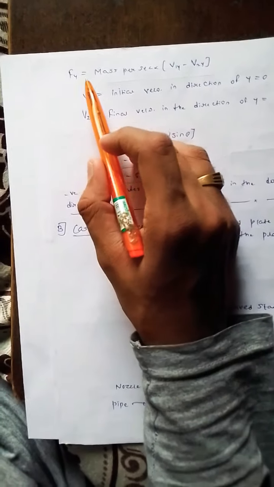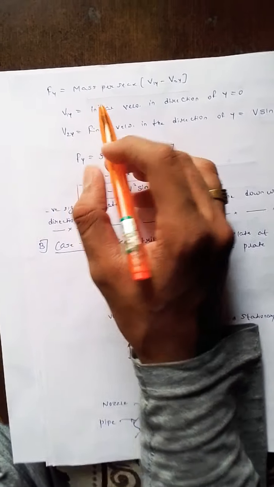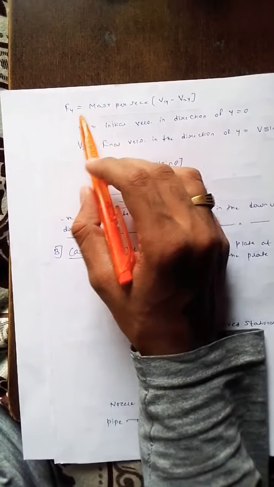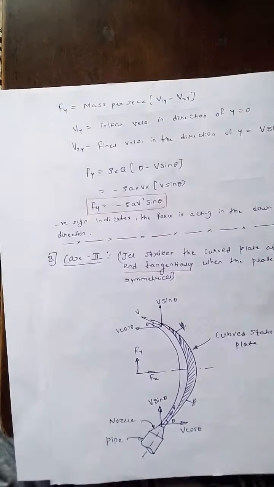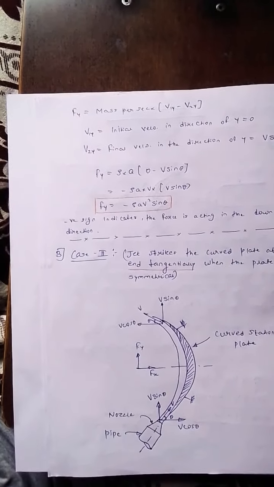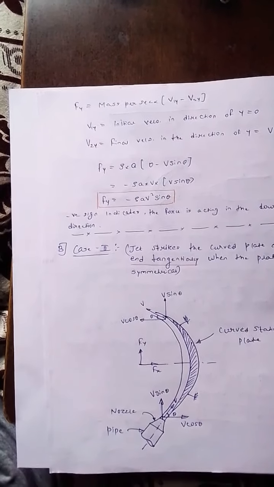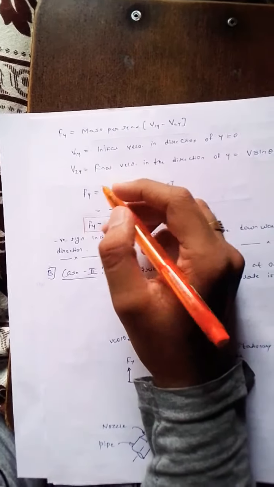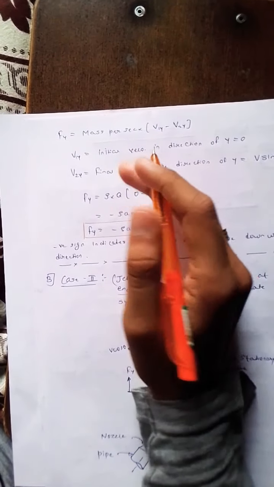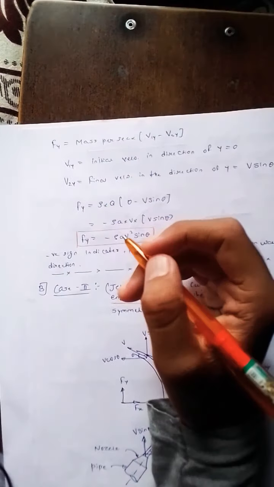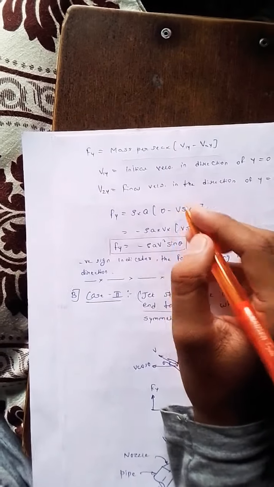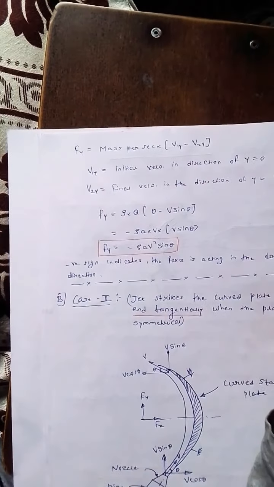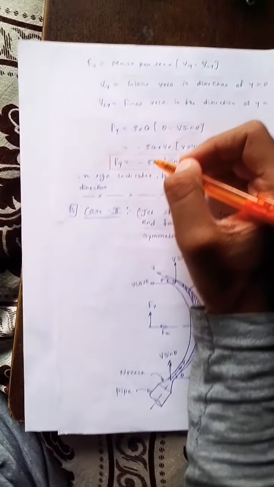In a similar manner we can do it for the y direction. So Fy equals mass per second. Again the same points will be repeated: it will be equal to rate of change of momentum per second. So the next step will be initial momentum minus final momentum divided by time, and again the third step will be mass into initial velocity minus mass into final velocity divided by time, correct?